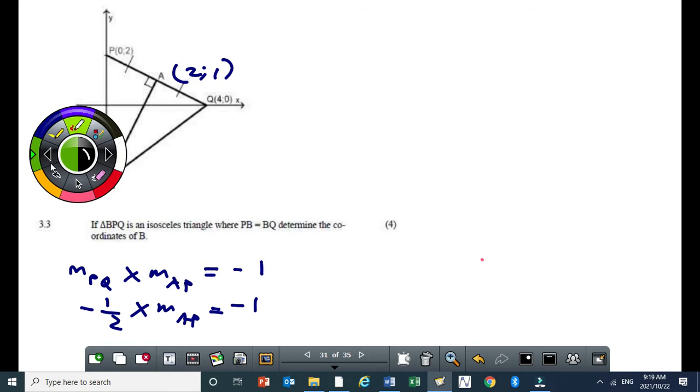So this is a clue to me that the gradient of AP is going to be positive and it won't be a fraction. If you do your math here, you can write this as minus MAP over 2 is equal to -1. Then you multiply the -1 by 2. So MAP is going to be positive 2.